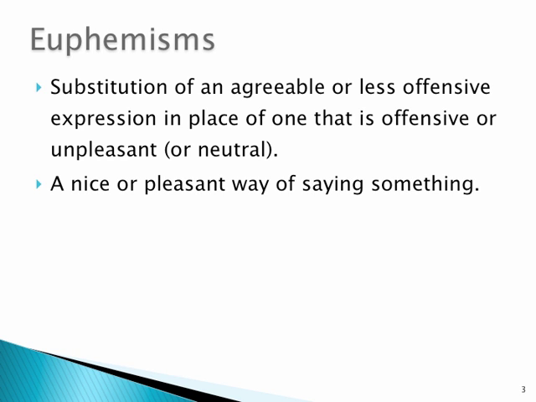If you focus on the second bullet point there, it's really just a nicer or more pleasant way of saying something. And going back to the first one, there's a substitution here of language that is more pleasant or agreeable, or just less offensive than a term or sentence that is neutral, or maybe it is offensive or unpleasant.